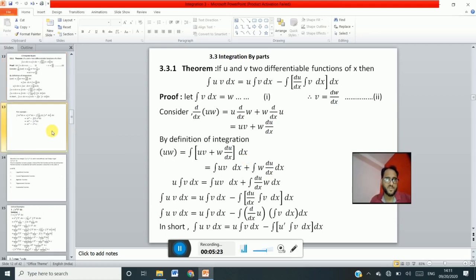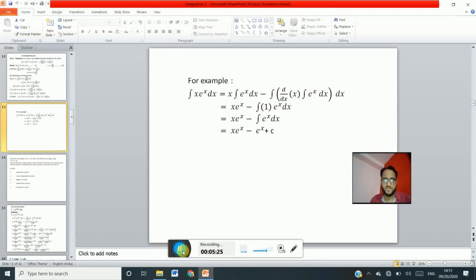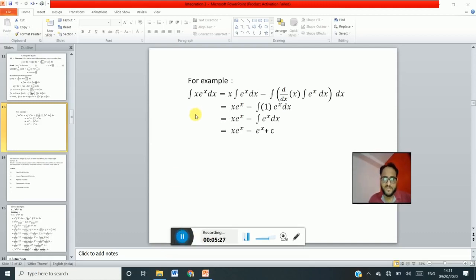See the example on this: integration of x into e to the power x dx, right? So here it is x into integration of e to the power x dx minus integration of derivative of x into integration of e to the power x dx. How do we find this? The first term is x and the second is e to the power x.